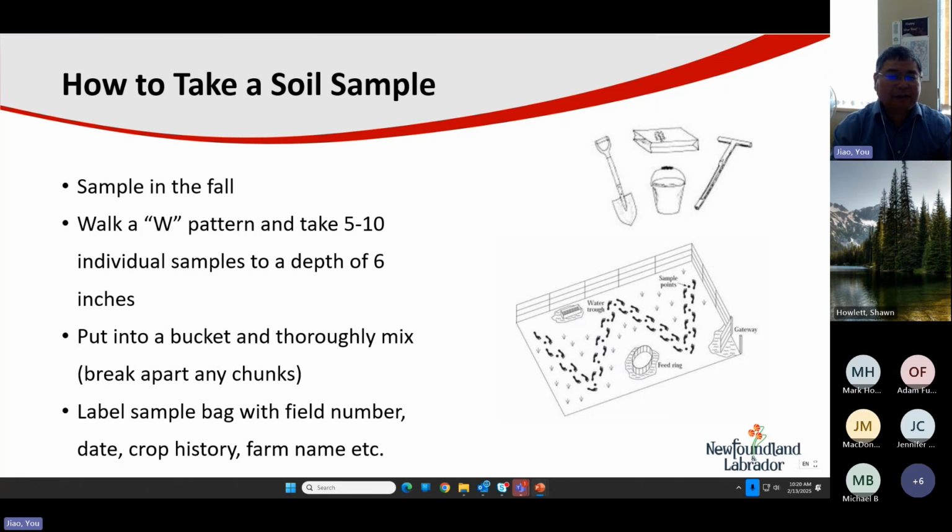In the field, you can walk a W pattern and take 5 to 10 individual samples to a depth of 6 inches. We generally use 6 inches because that's where most of our crop roots are located.